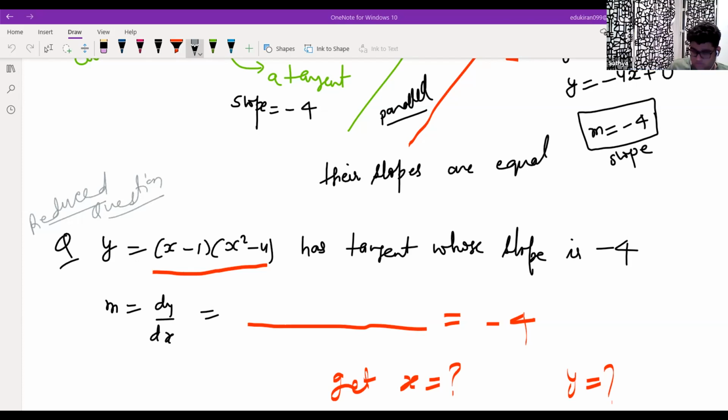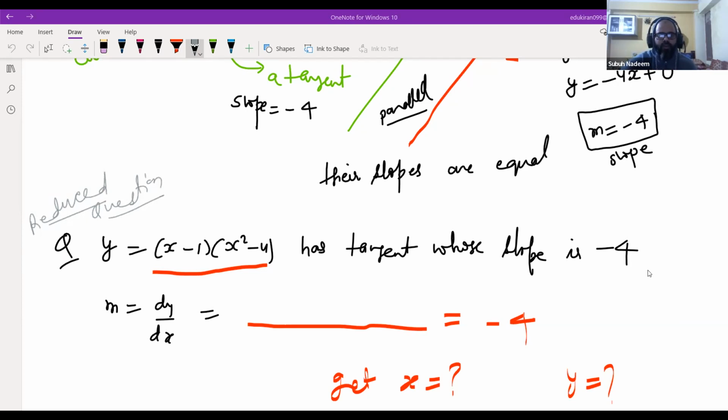I got 3x square minus 2x minus 4. Can you tell me again? 3x square minus 2x minus 4. 3x square, fine. And minus 2x, and then minus 4. Fine.